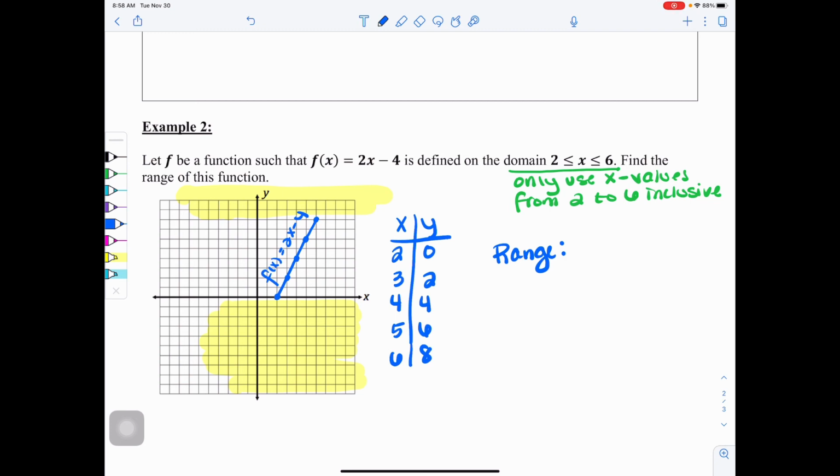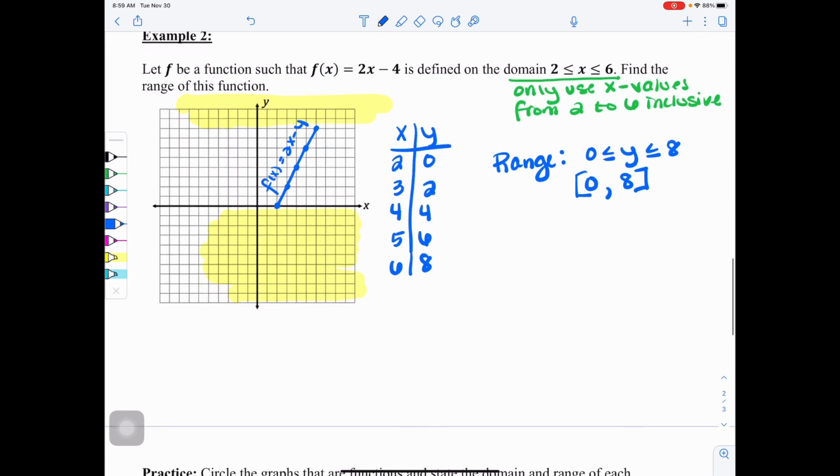So you would have to write it as 0 is less than or equal to y, which is less than or equal to 8. If you were going to write that in interval notation, 0 is included, it's the lowest. 8 is included, it's the highest, and everything falls between there.